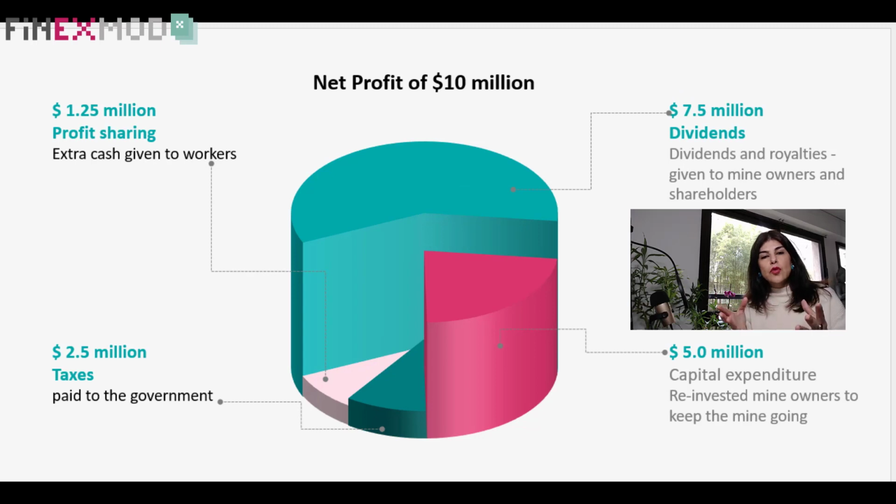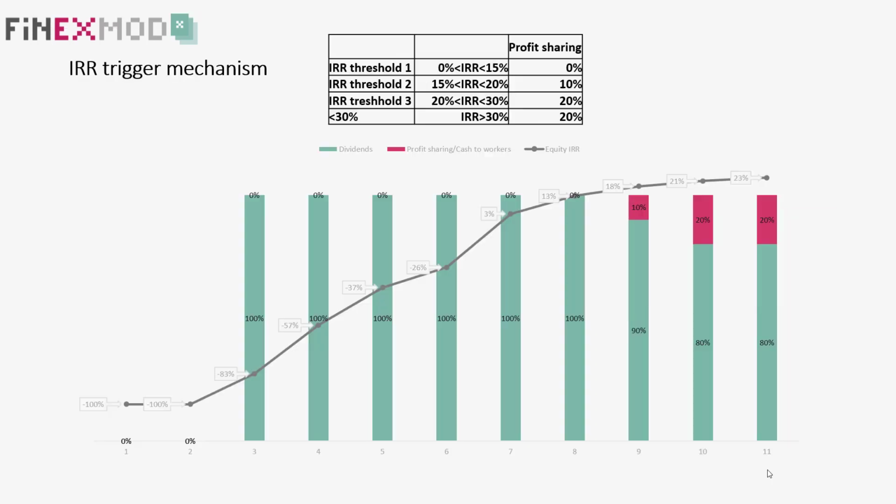The next question to answer is, what is the formula for determining the profit-sharing pool? To answer this question, I'm going to be using the equity IRR trigger or equity IRR hurdle mechanism. Let's have a look at a hypothetical example.